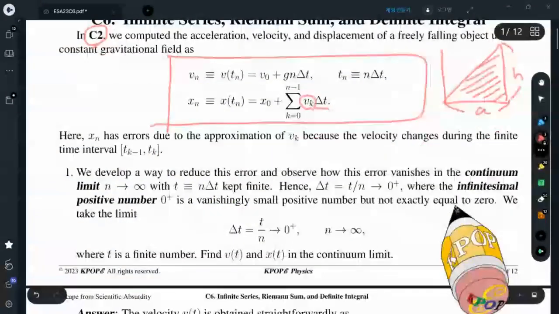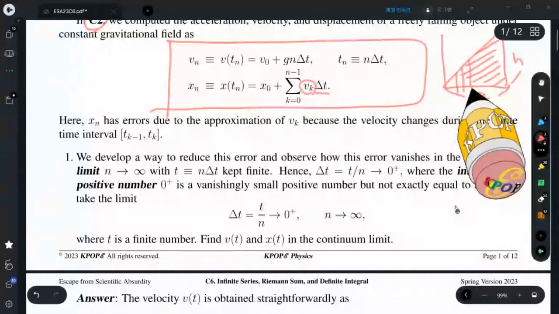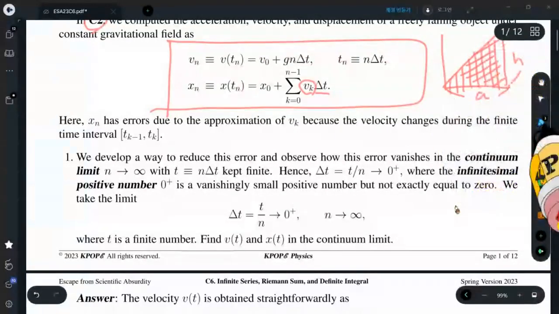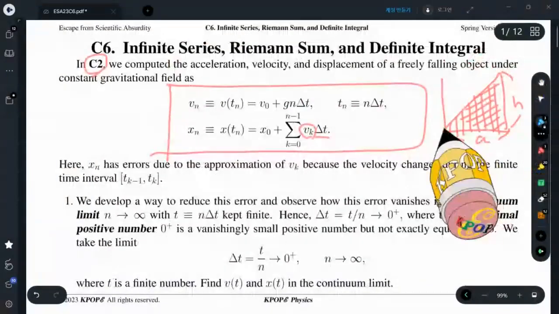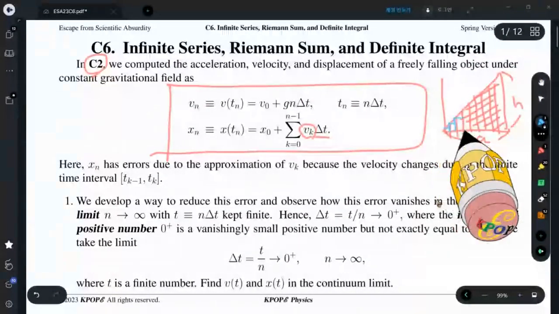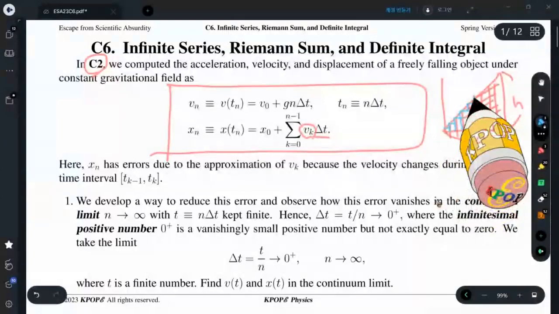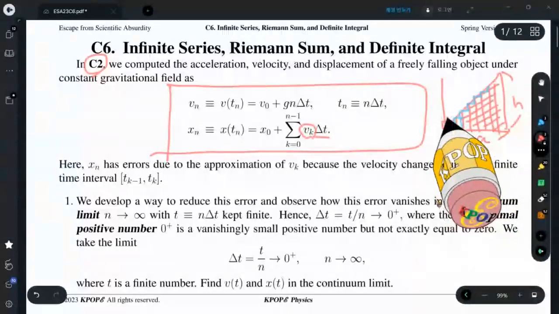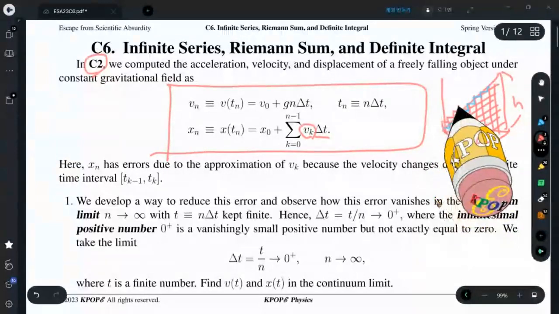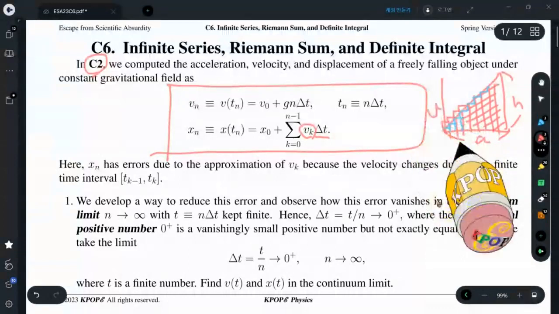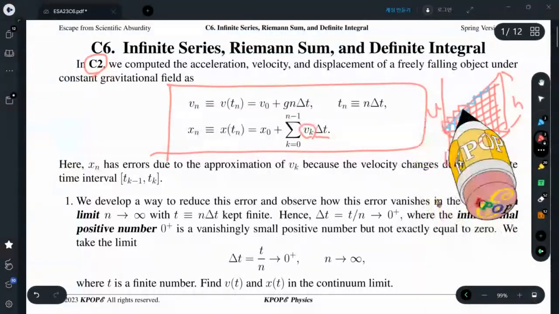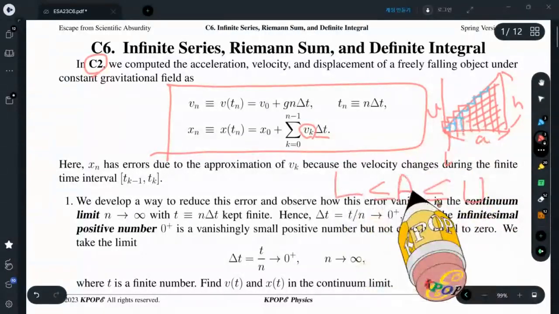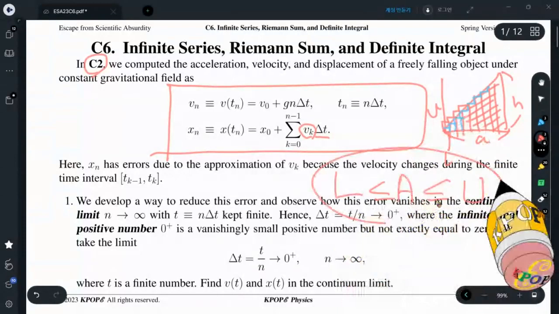Previously we sliced this area into small histograms, and we computed the lower sum that is below the curve, and we also computed the upper sum that is just above, and we know the upper sum, lower sum, and the genuine area satisfy this inequality.